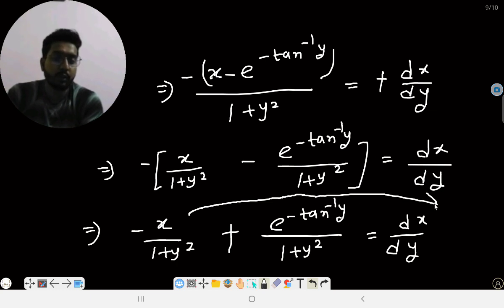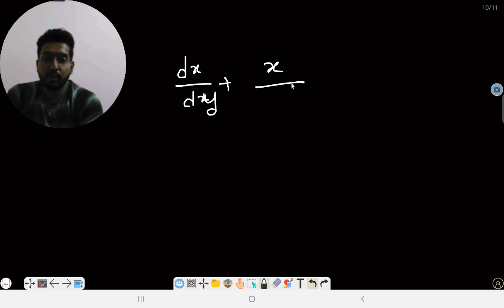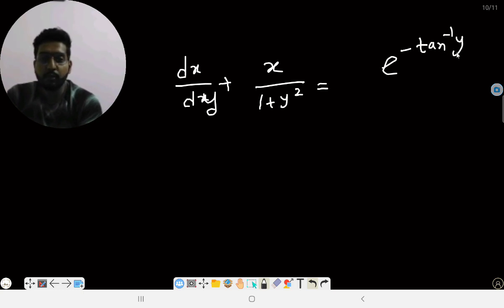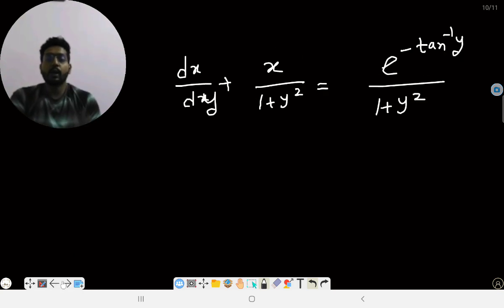That means it will become dx dy plus x by 1 plus y square equals e to the power minus tan inverse y by 1 plus y square, like this. Okay, now look at it properly.